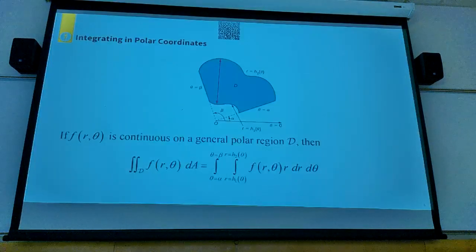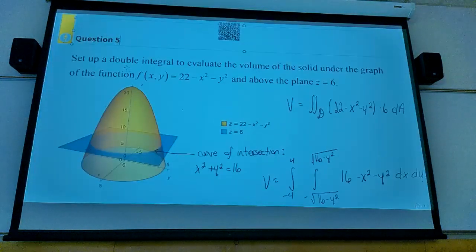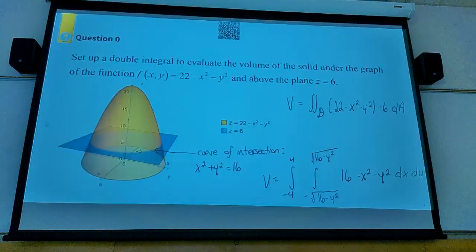And let's call this now question 0. Right, so let's go back to that and now evaluate that in polar coordinates, because that's going to be a lot easier to do. And if you're really up to the challenge, go ahead and evaluate that in rectangular and confirm that you get the exact same value.